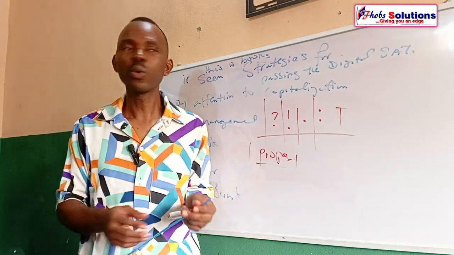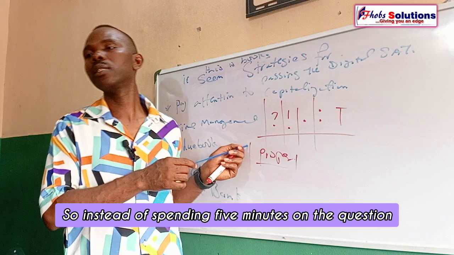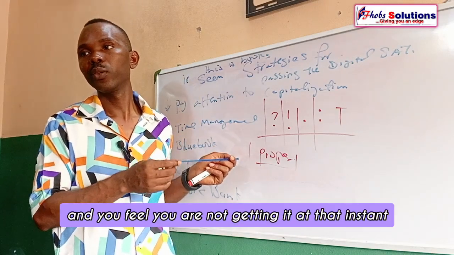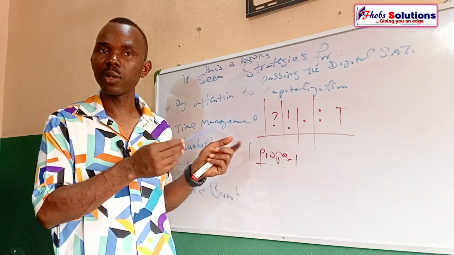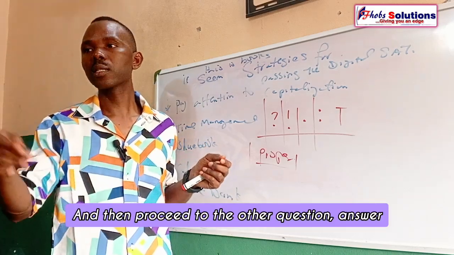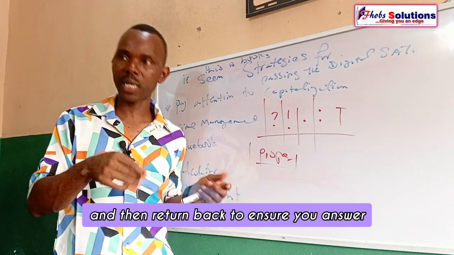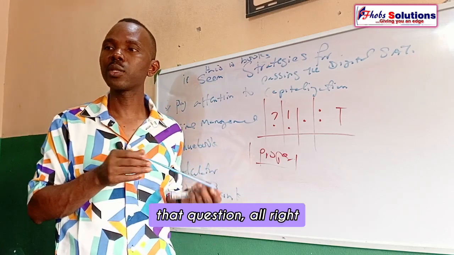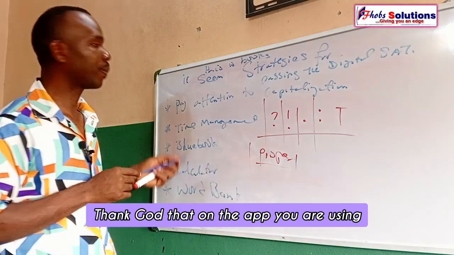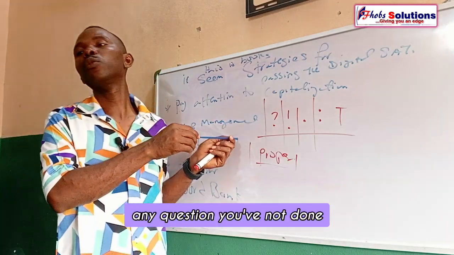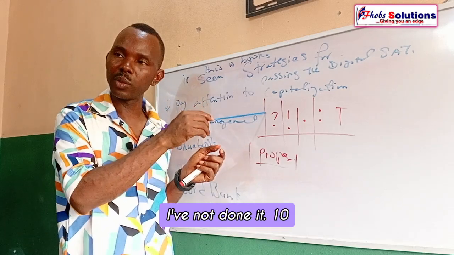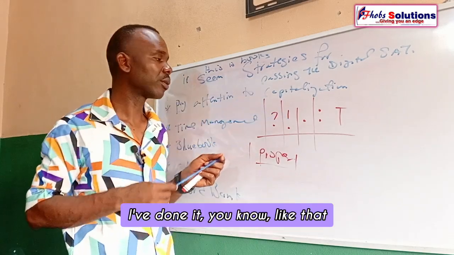So instead of spending 5 minutes on a question, if you try to attempt it and you feel you are not getting it at that instant, just take note of it. And then proceed to the other questions, answer them, and then return to ensure you answer that question. Thank God that on the app you are using, any question you've not done will be shaded for you. You easily see that, oh, 23, I've not done it. 10, I've done it. Like that.